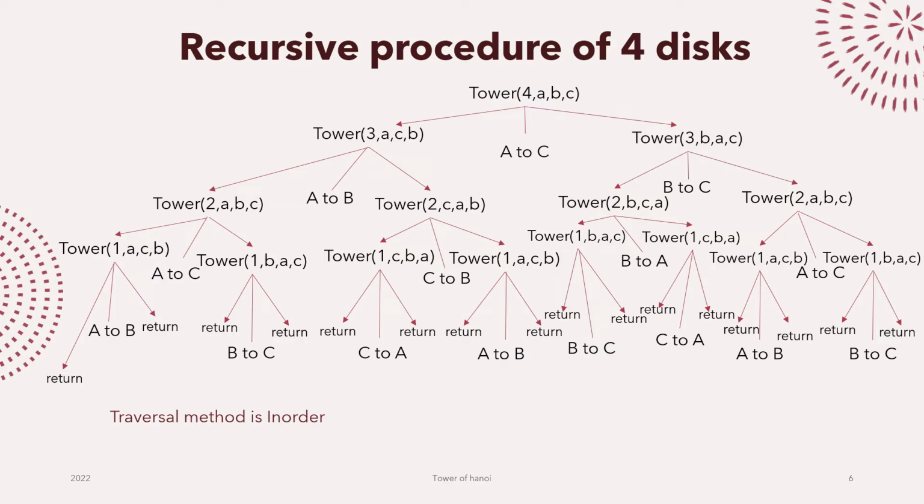If we see at the tower 1 CBA, here the source disk is C, not A, and the destination disk here is C to A. That is the procedure of the recursive tree.